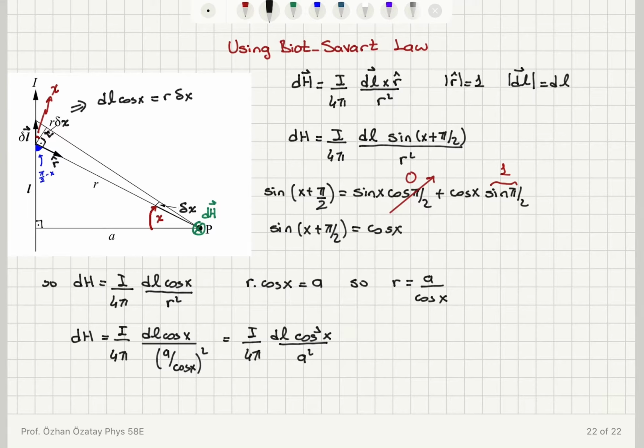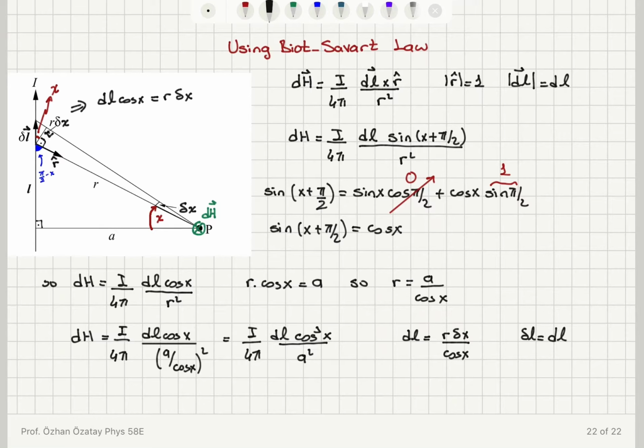So we can write for dl, r times delta x divided by cosine x. So basically what I'm calling here delta L is dl, it's the same thing.